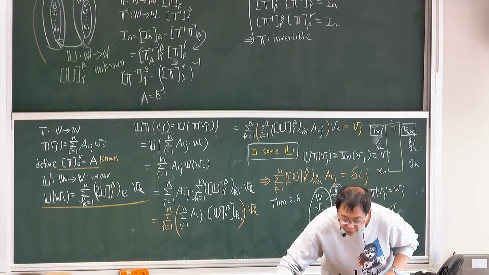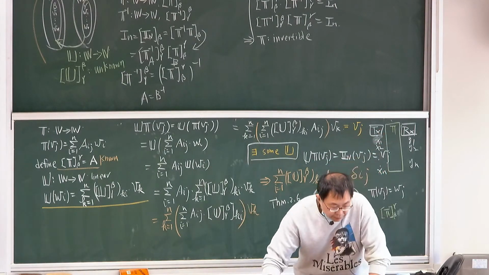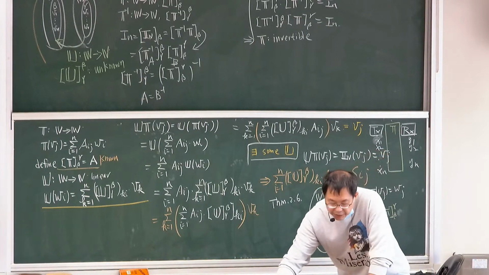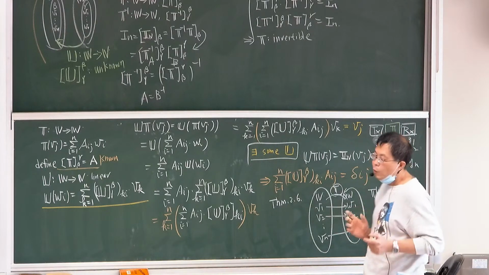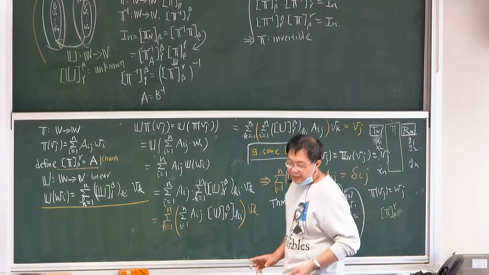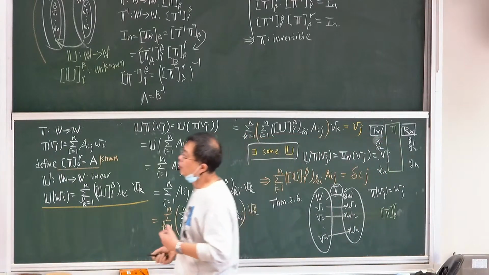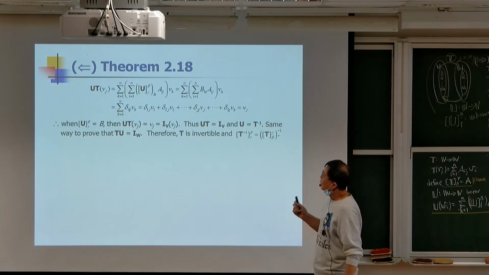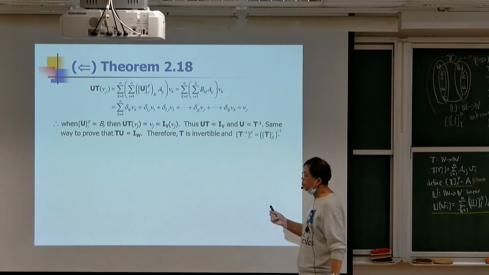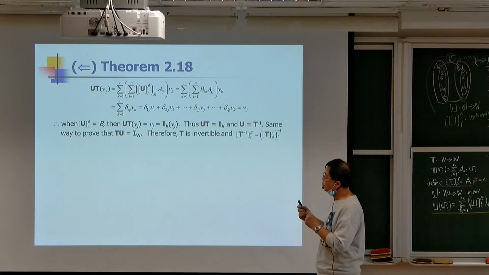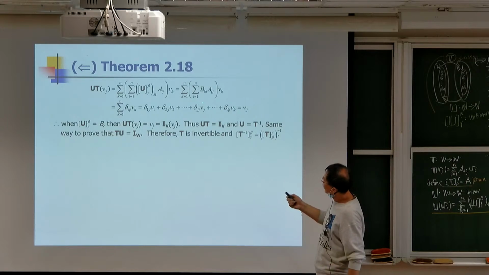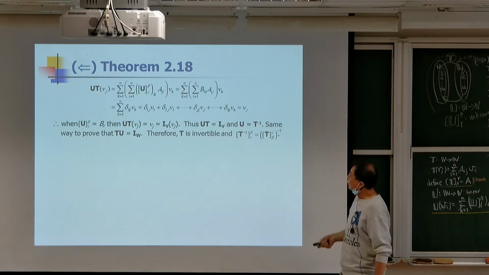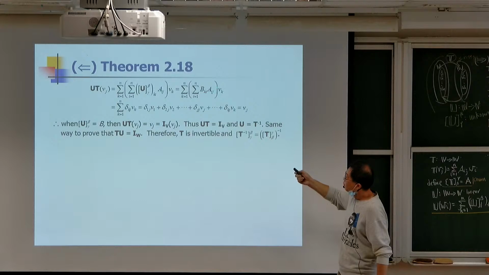Then, from theorem 2.6, we know that I can always find the matrix representation of U, and we define the matrix representation of U equals B, where B is the inverse matrix of A. And because B is the inverse matrix of A, if I take the summation i equals 1 to n of bki times aij, then we can find the coefficient of Vk here.